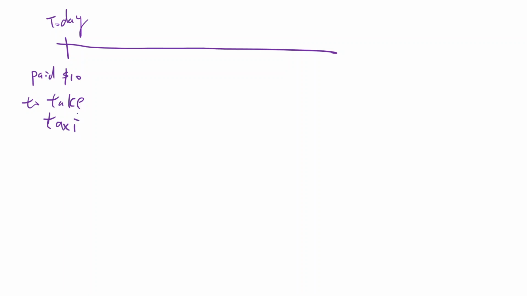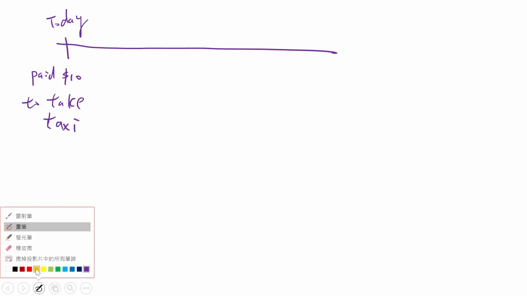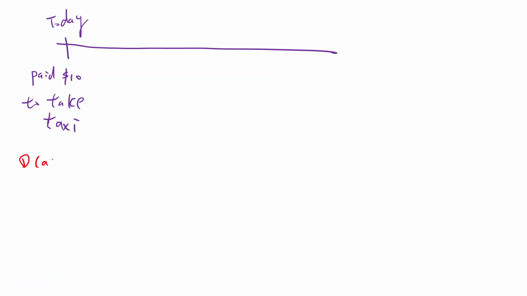Okay? So what's the first effect? You will say, okay, I lost my cash, right? My cash decreased $10. What's the second one? You will say, I have a $10 what? Taxi fee. Why you say it's taxi fee? Because $10 only for this time. Today you take a taxi. In the future, you want to take another taxi, you have to pay another $10.